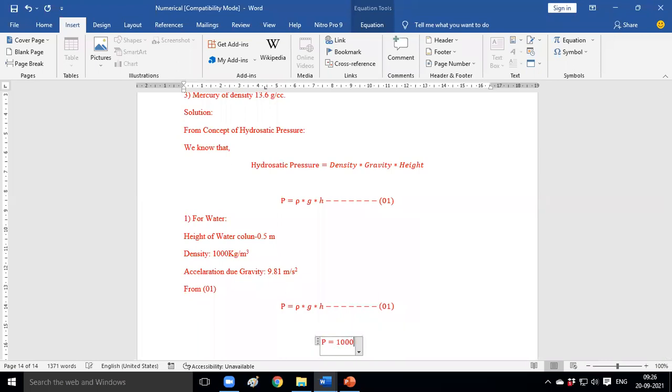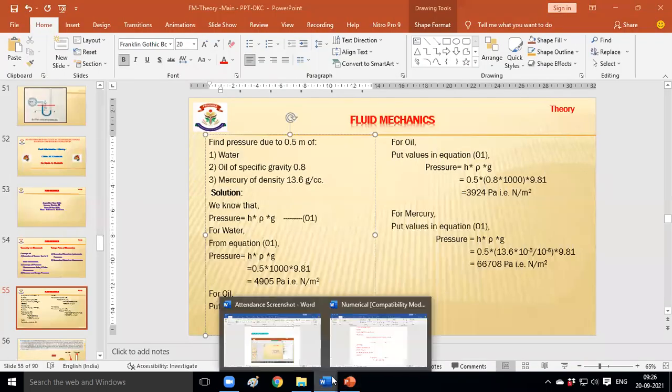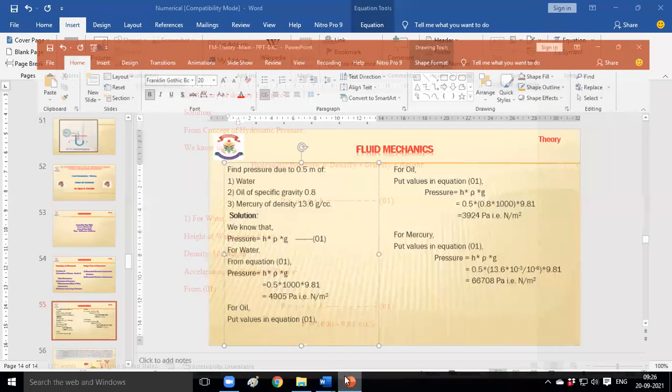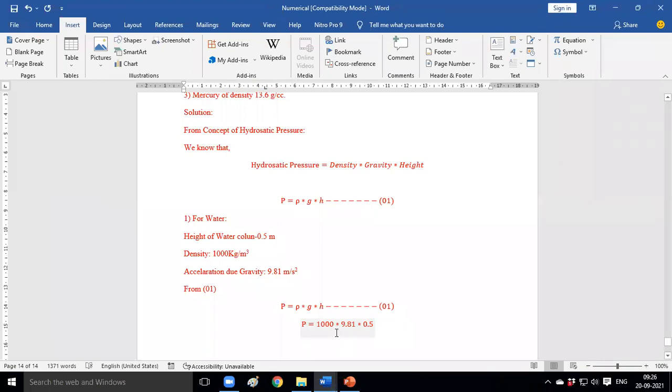Rho is 1000, multiplied by g which is 9.81, and the value of h is 0.5. What will this calculation give? 4905, sir.